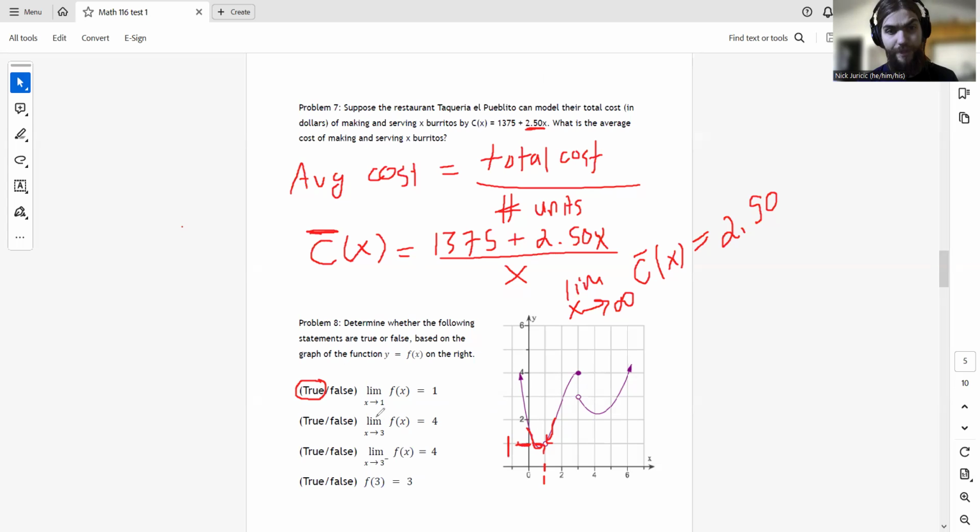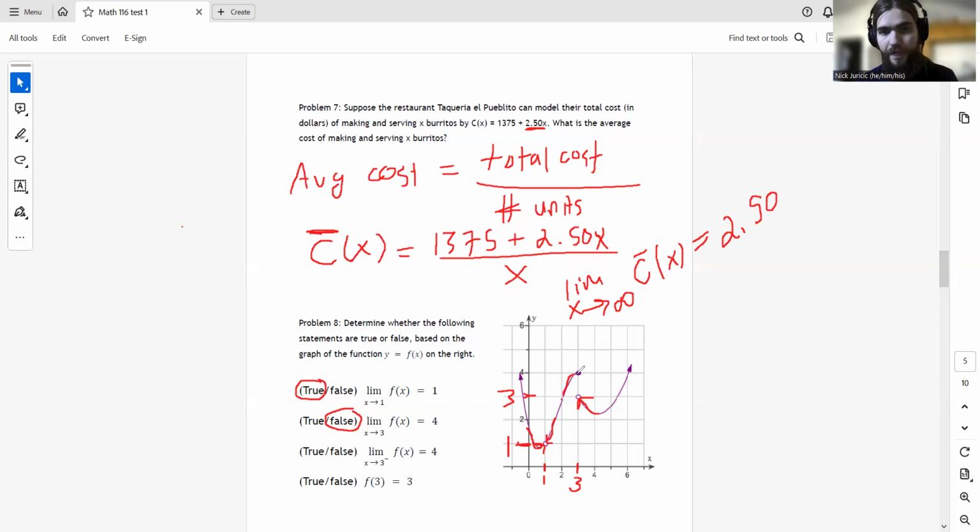True or false, limit as x approaches 3 of f of x is equal to 4. This one would be false because if we look at 3, there's a jump. It looks like from this side, as we approach 3, it's going towards the value 3.